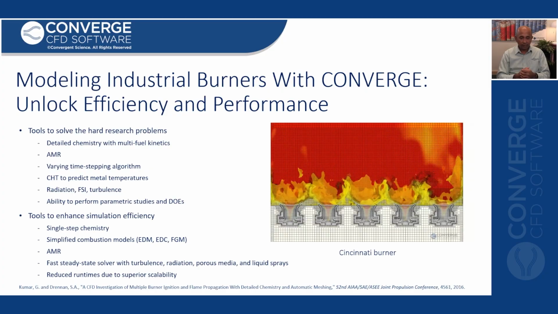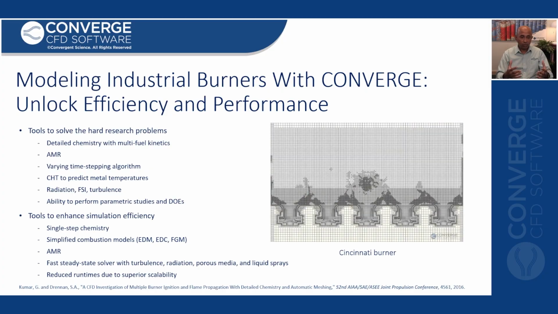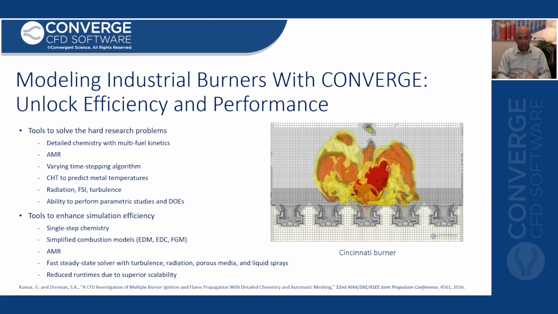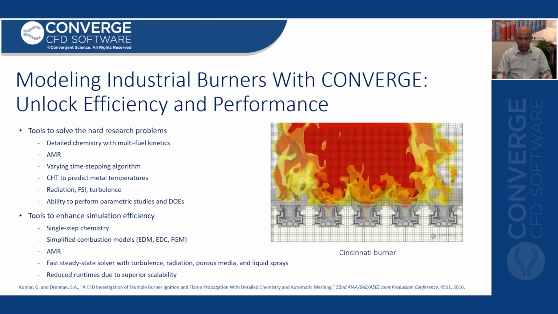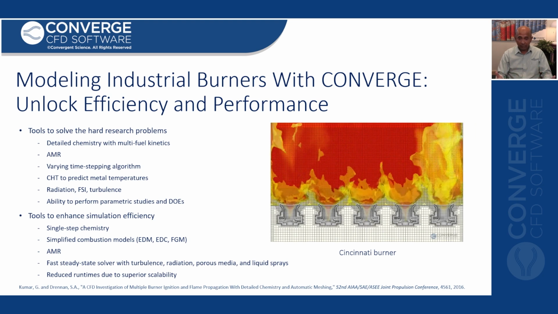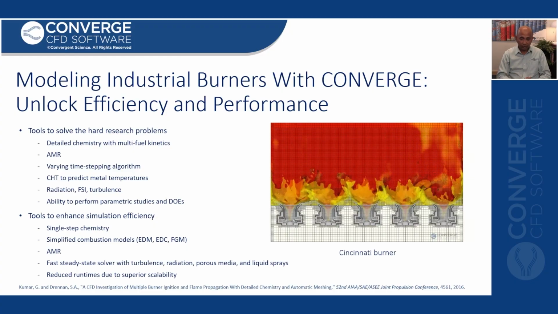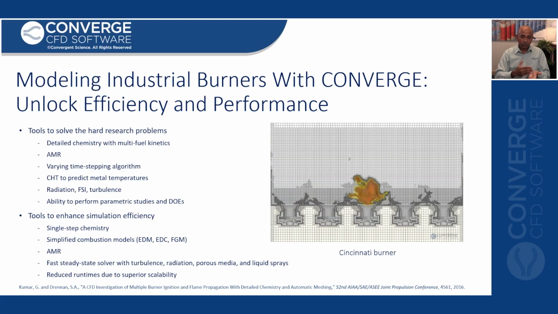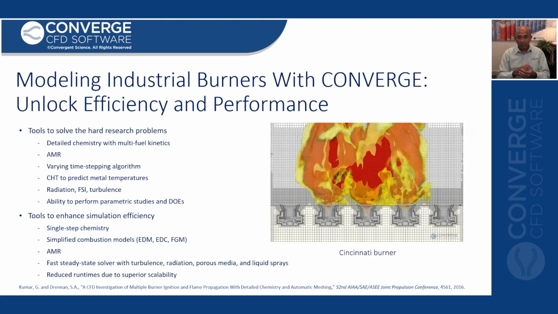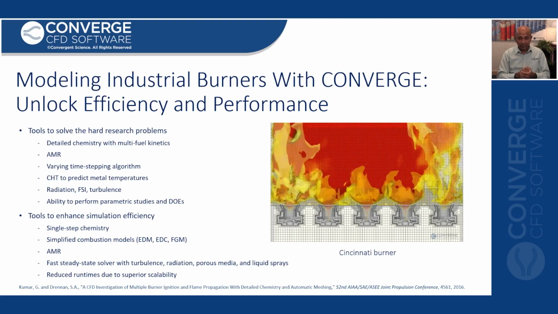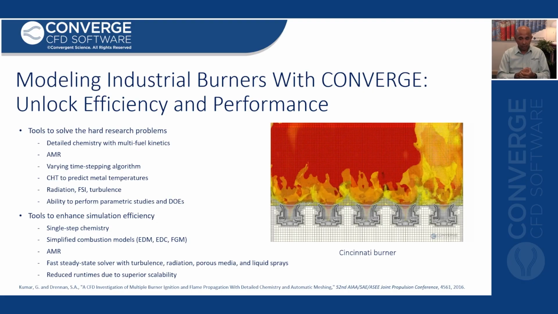And at the start of your design process, if you want to do some parametric studies and design of experiments and use machine learning kind of approaches, Converge has all of these tools built into it to cater to whatever the level of simulation fidelity that you want to go into.